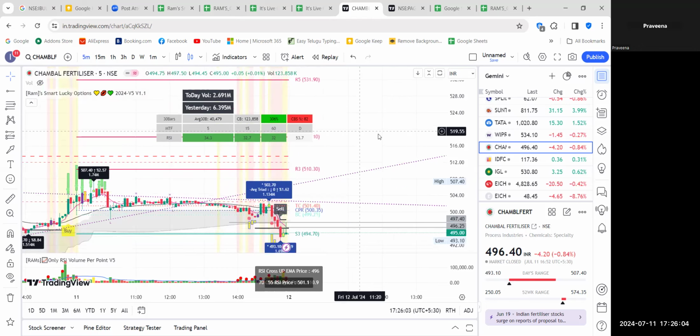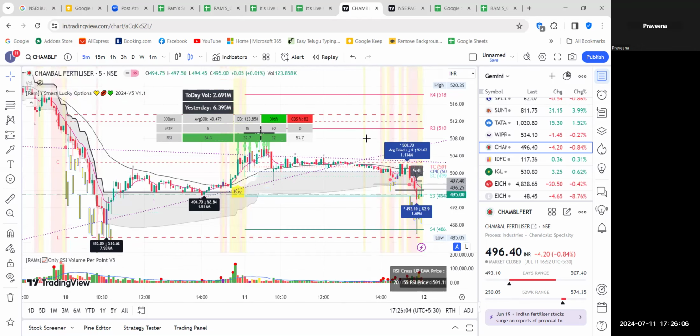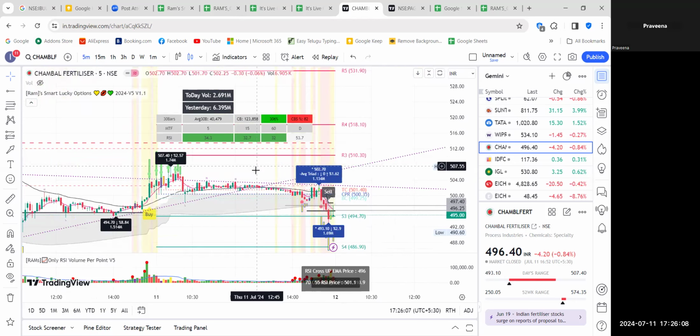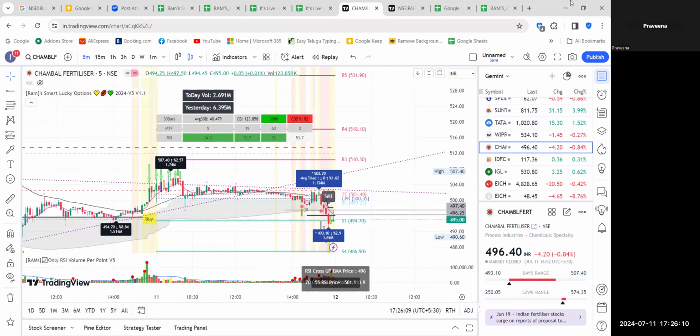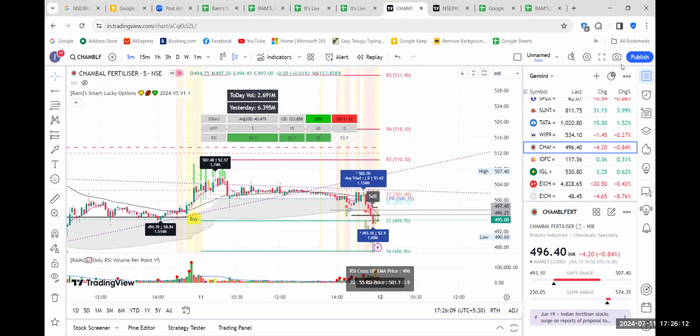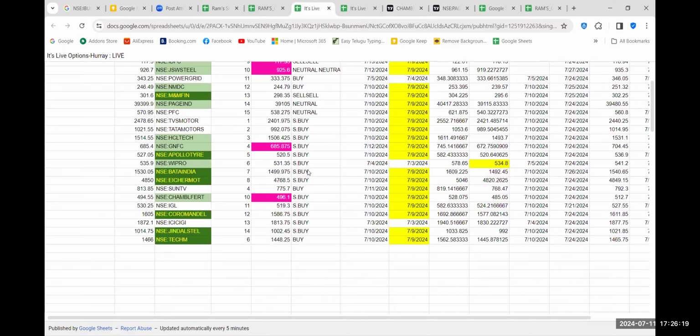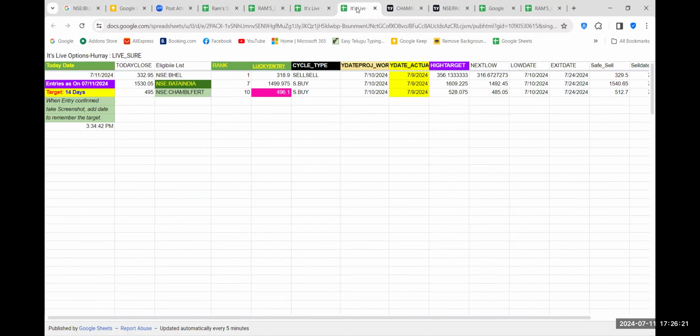Yes. And if we observe our high target also, where is it? This one, right? Yeah, the high target also is 528.